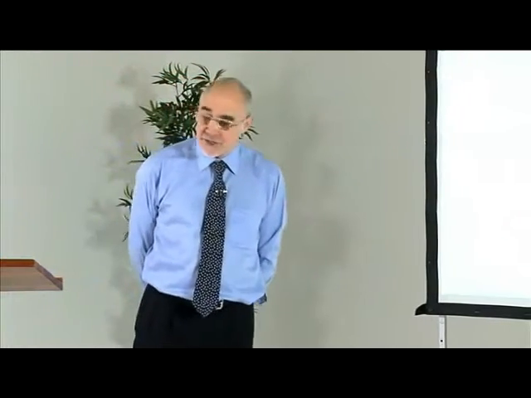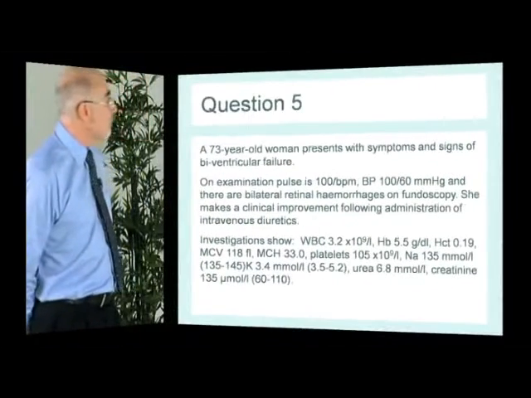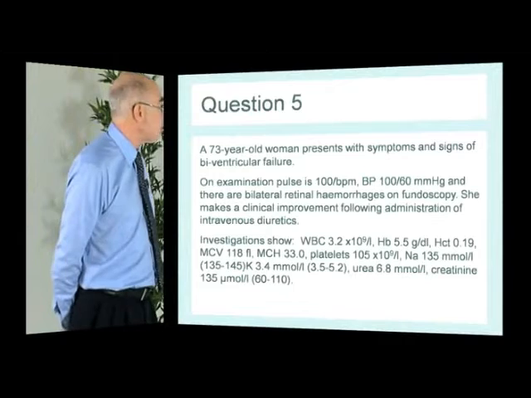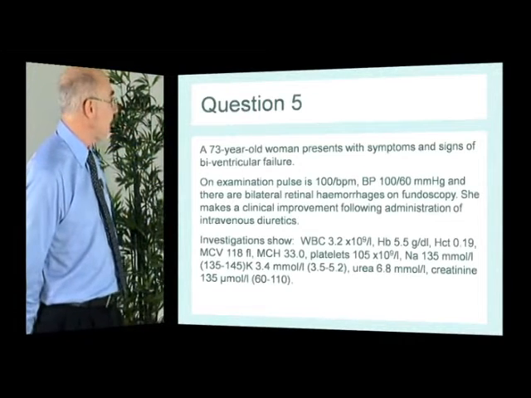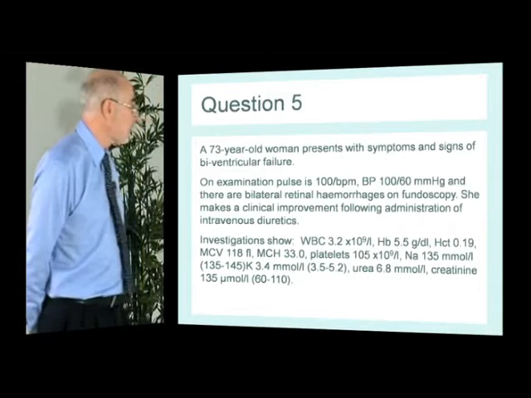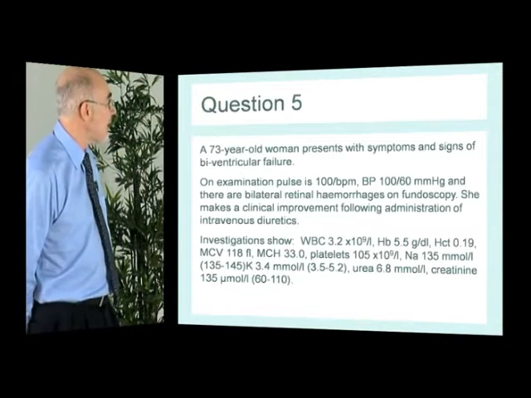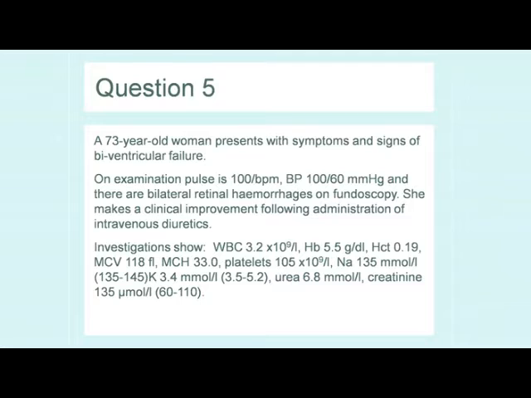We'll now consider the next question. Question 5. A 73-year-old woman presenting with symptoms and signs of biventricular failure. On examination, tachycardic, bilateral retinal hemorrhages on fundoscopy, but makes a clinical improvement following intravenous diuretic treatment.